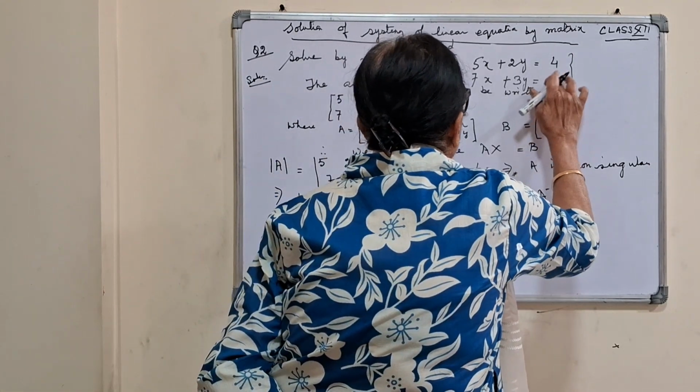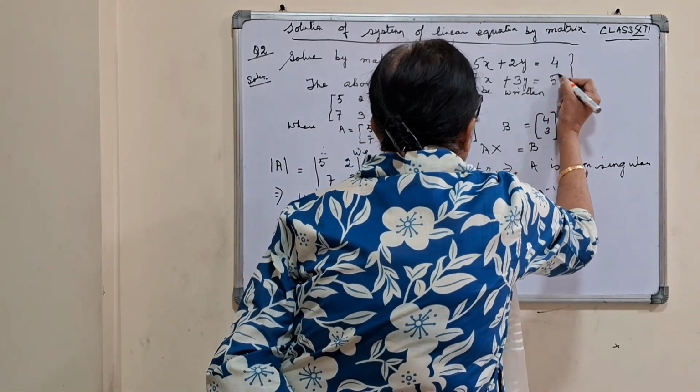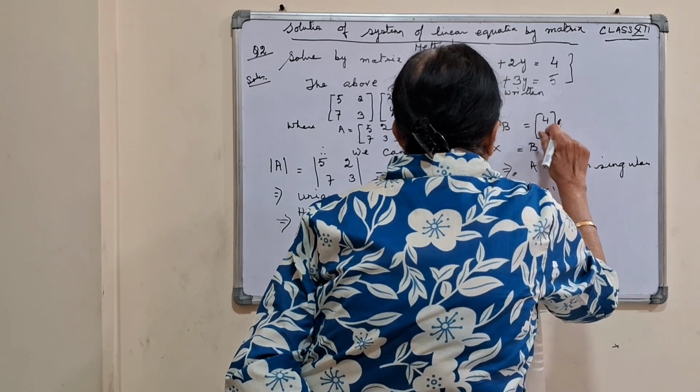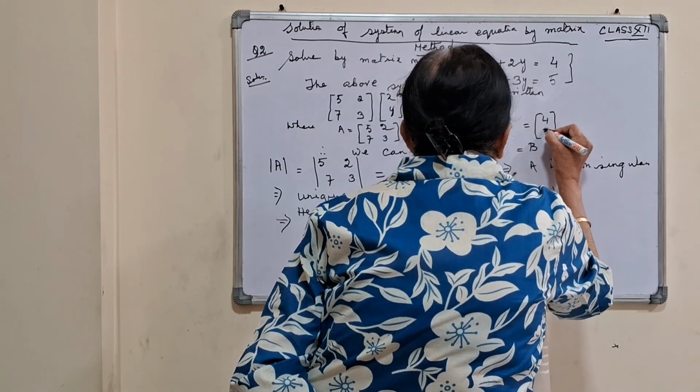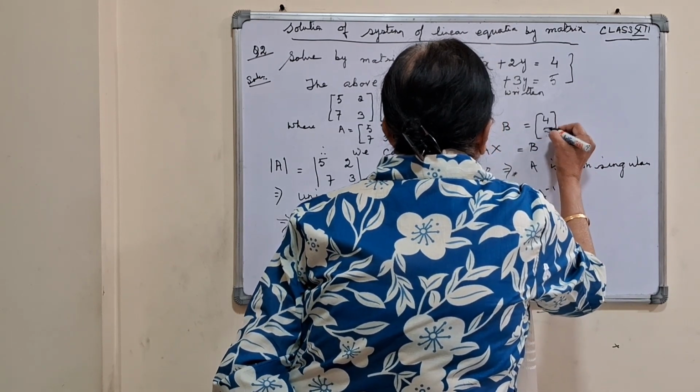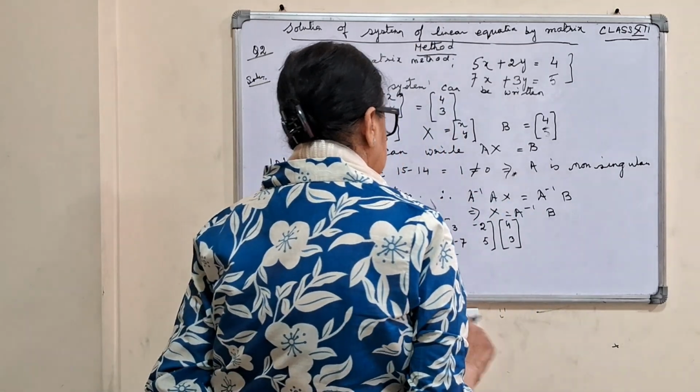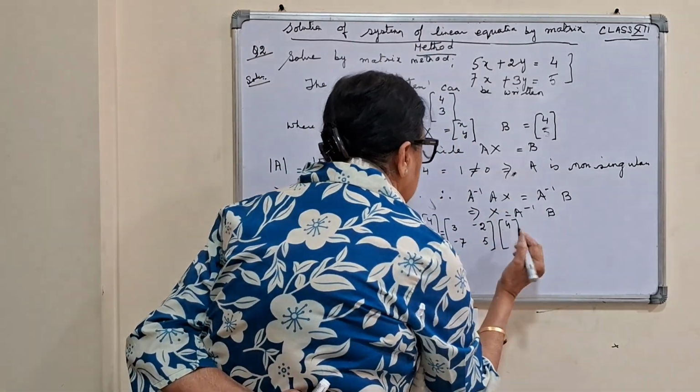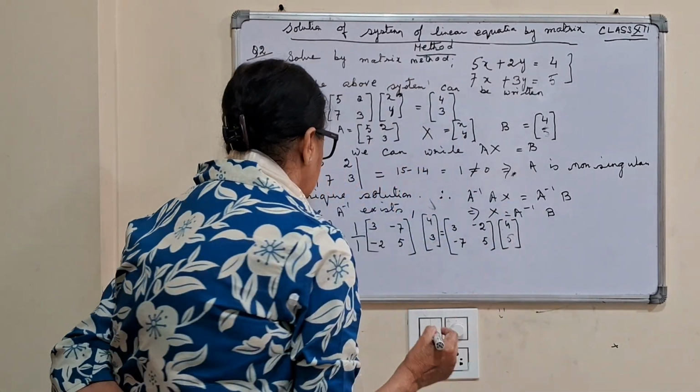This is 5, sorry. This is 5. And here it is 5. Okay, done.